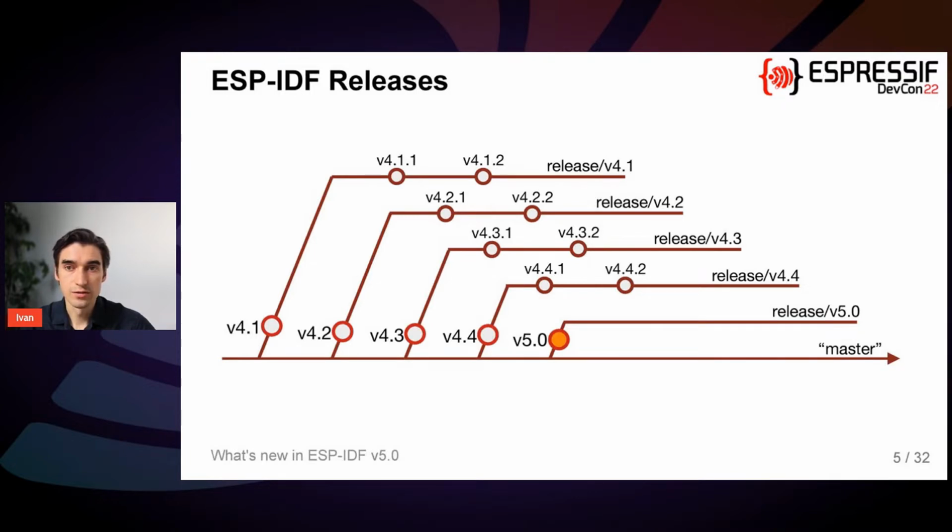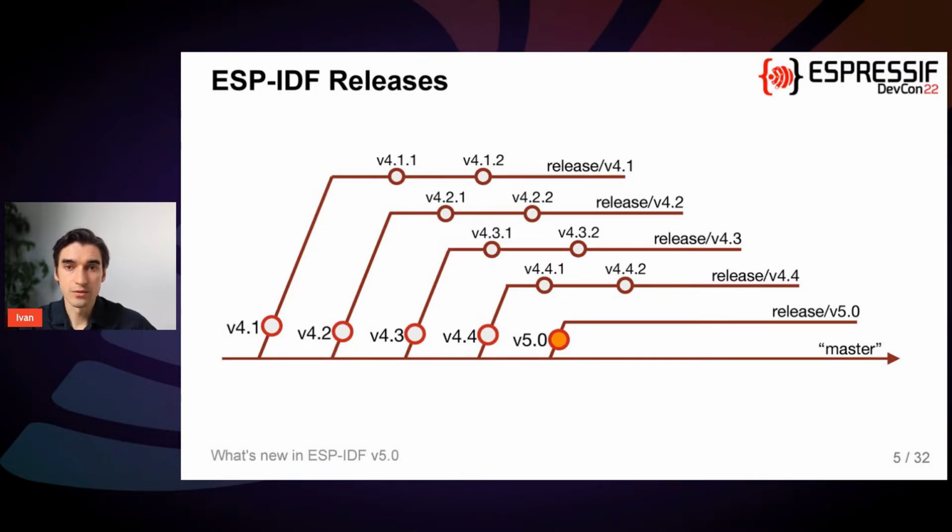For each major.minor version, for example 4.4, we maintain a release branch. And the release branch is necessary to make bug fix releases for a given minor version. So release v4.4 is the branch which we use to make bug fixes for v4.4. For example, v4.4.1 and v4.4.2 are the two bug fix releases on this branch.